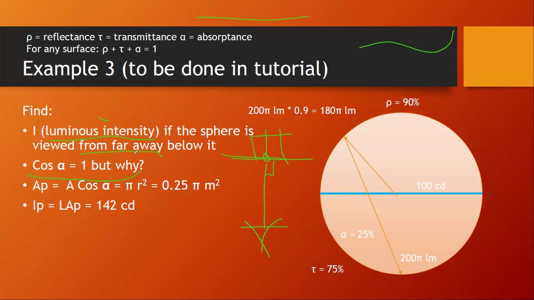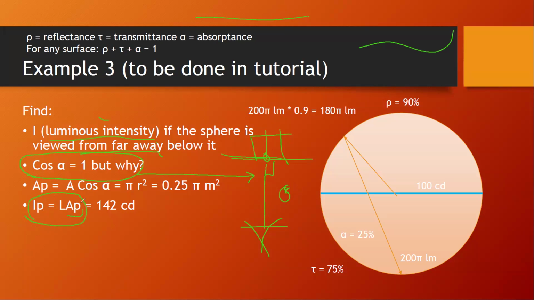And here cos alpha equals 1. Because essentially you don't have any distance or anything here. So this is like 0 degrees. And that's how your cos alpha becomes 1. The rest of it is solving this equation.